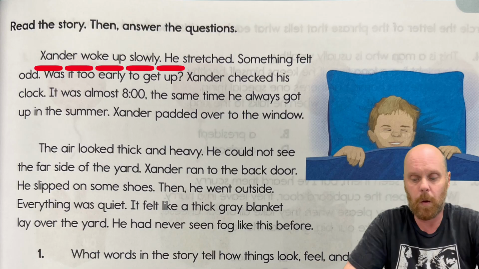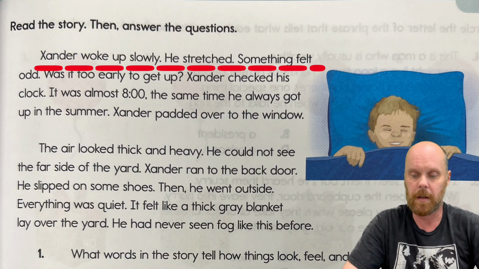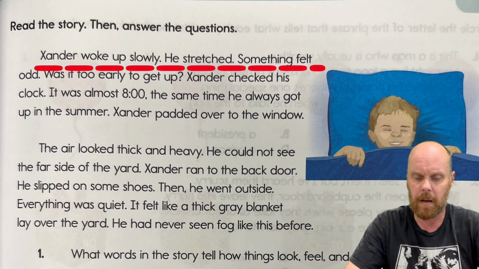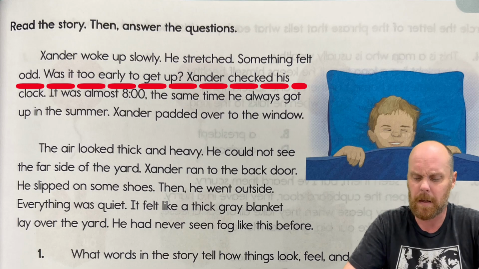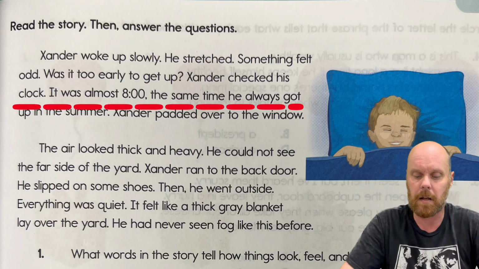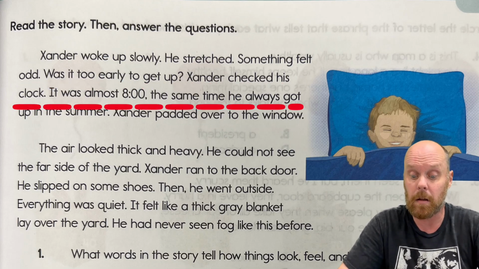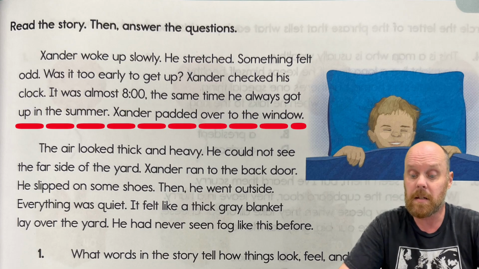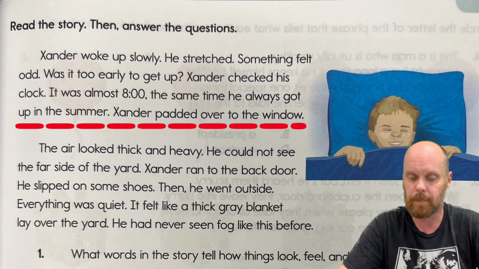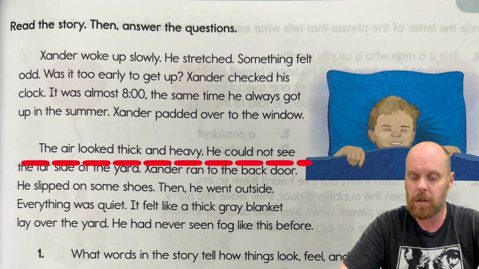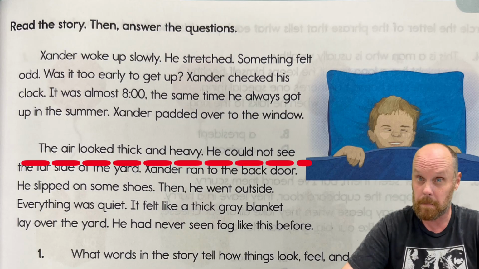Xander woke up slowly. He stretched. Something felt odd. Was it too early to get up? Xander checked his clock. It was almost 8 o'clock, the same time he always got up in the summer. Xander padded over to the window. The air looked thick and heavy.